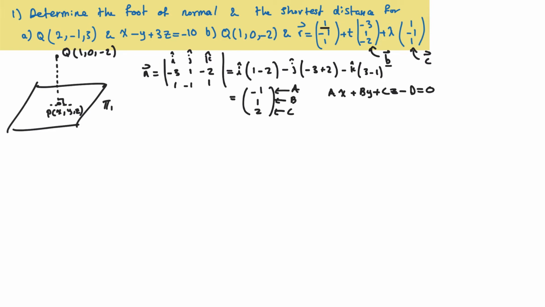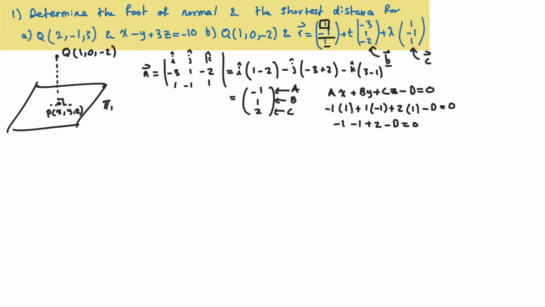A value is -1. My x value from up here is 1, plus B value is 1, y value from here is -1, plus C value is 2, and my z value from up there is 1, minus D is equal to 0. So I get -1 minus 1 plus 2 minus D is equal to 0.